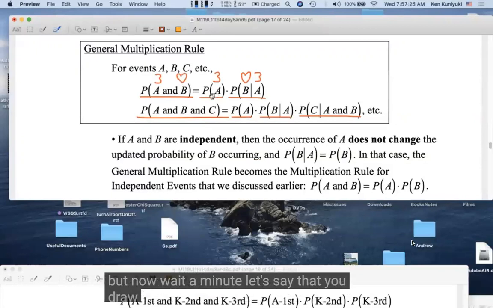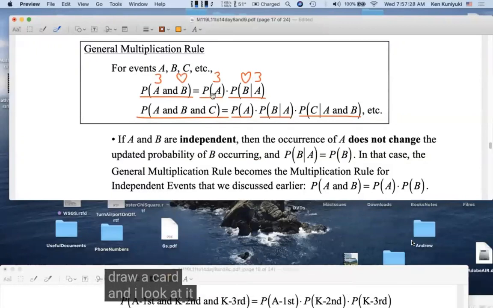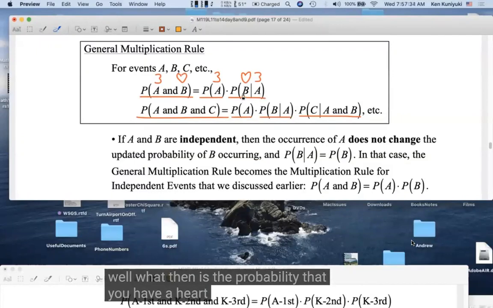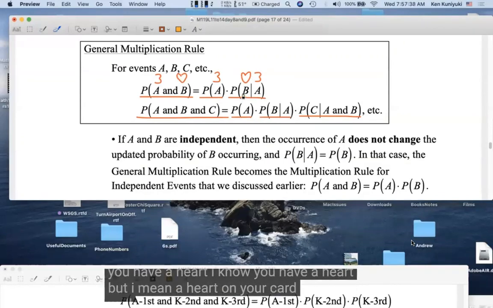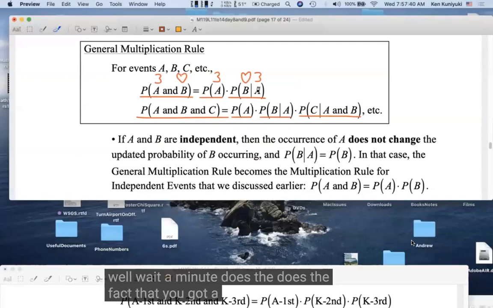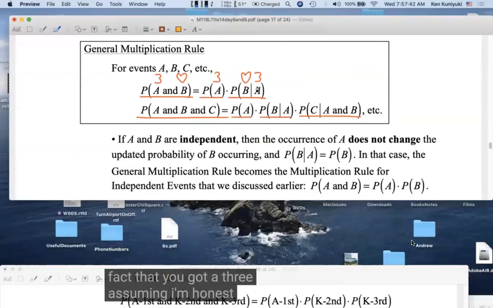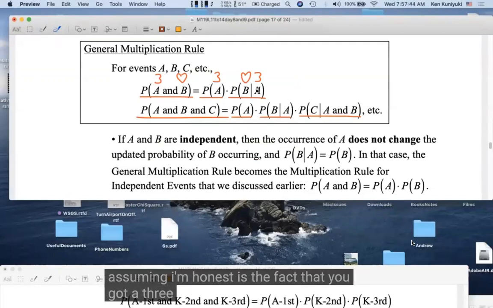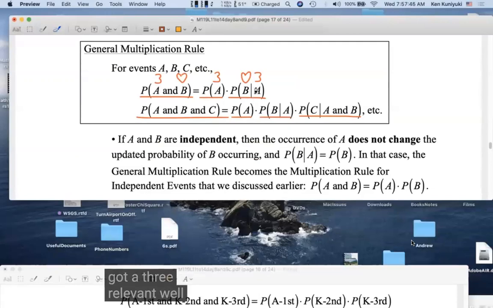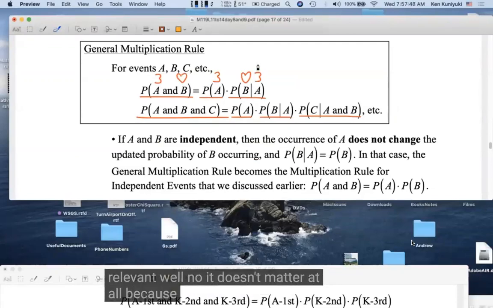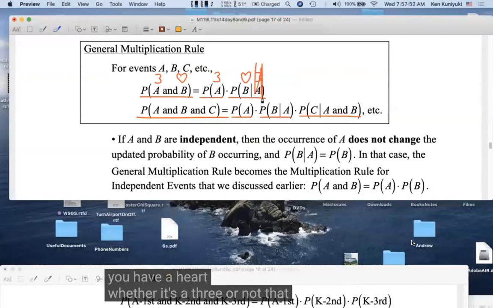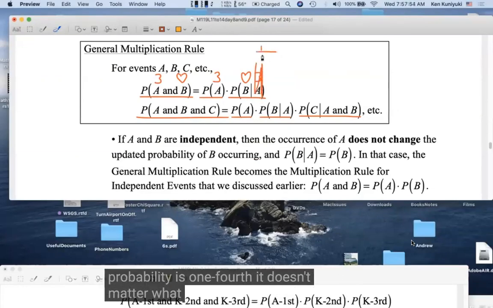Let's say that you draw a card, and I look at it, and I tell you that you drew a 3. Well, what then is the probability that you have a heart? Well, I know you have a heart, but I mean a heart on your card. Well, wait a minute. Does the fact that you got a 3, assuming I'm honest, matter? Well, no, it doesn't matter at all, because what's the probability that you have a heart? Whether it's a 3 or not, that probability is 1/4. It doesn't matter what rank it is.